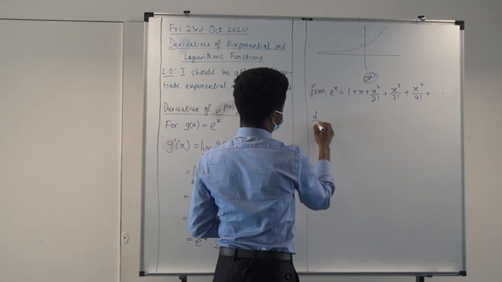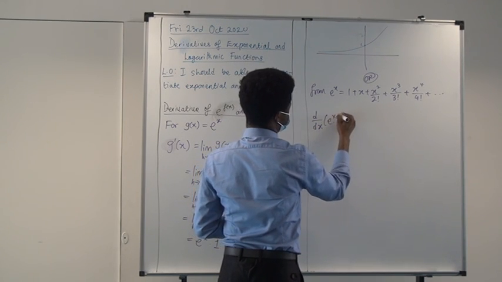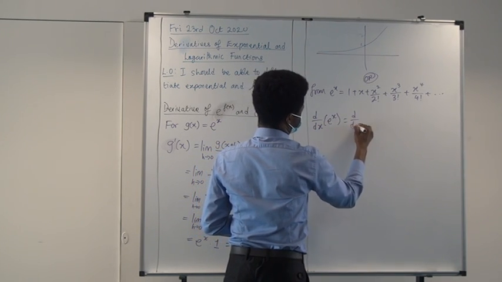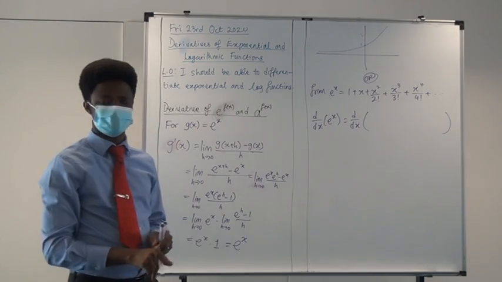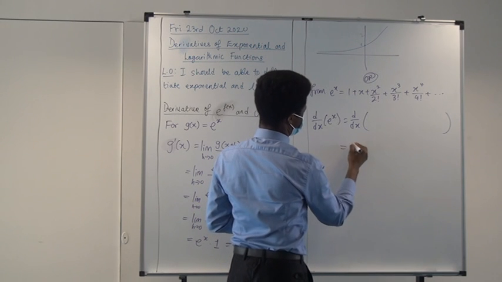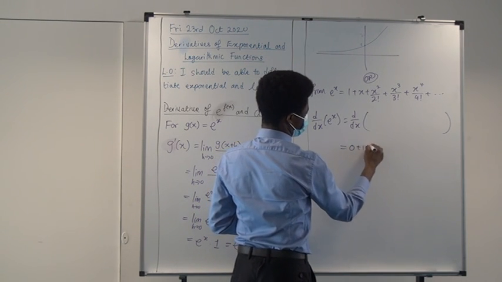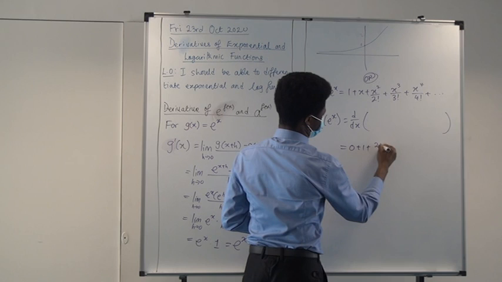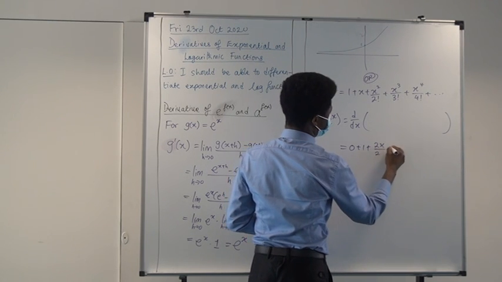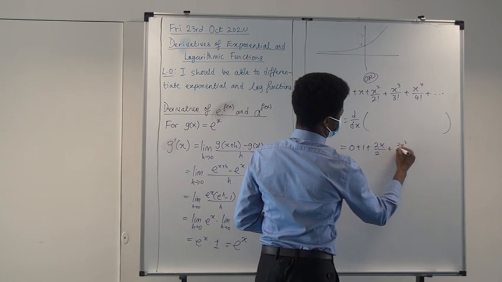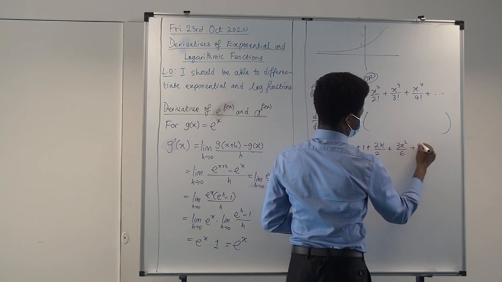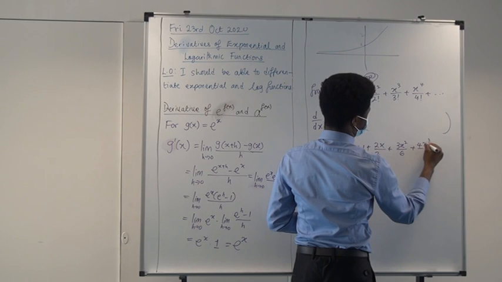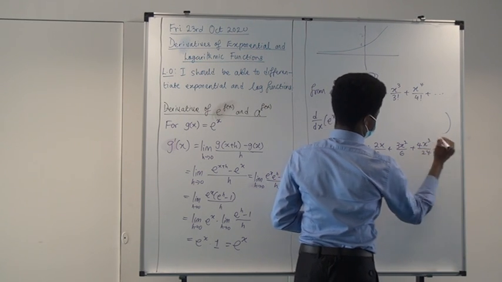Finding the derivative of exponential x is the same as finding the derivative of everything here, which will be 0, 1, right? 2x over 2 factorial, which is 2. 3x squared over 3 factorial, which is 6. 3x squared, right? 4x cubed over 24, and it continues.